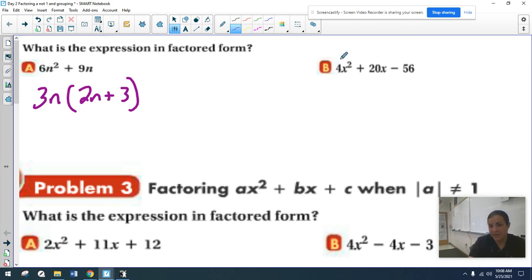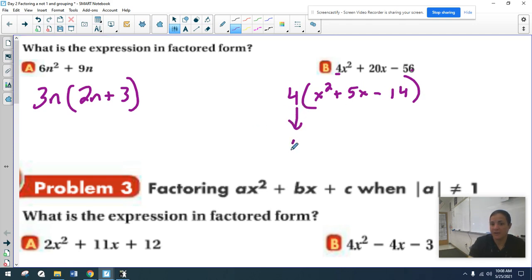Now up here, remember what I said, anytime you have something in front of your x squared, you look for a GCF. Because in that case, 4 divides into all of those numbers. So if I divide by 4, 20 divided by 4, and negative 56 divided by 4, this is how it would look. And then you factor like normal.